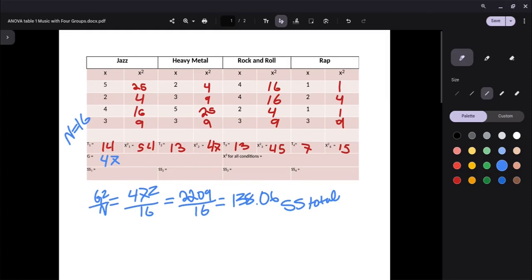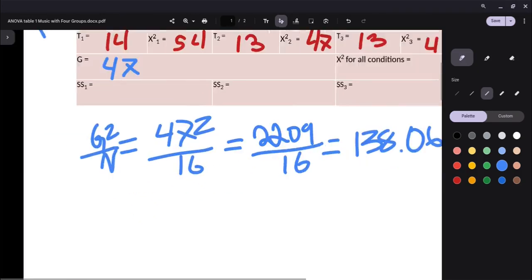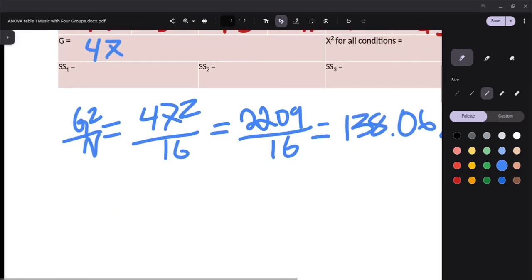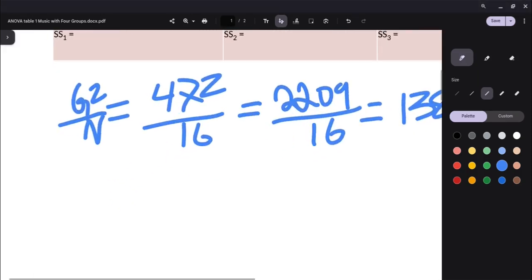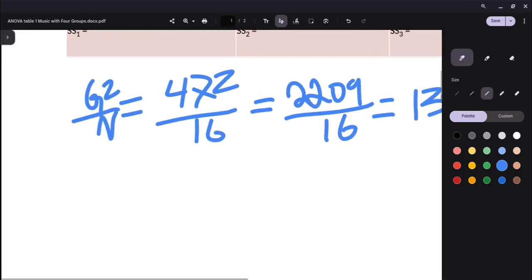Okay, so to find each of our SSs, we need to do our sum of x squared minus the total of the scores in the group squared over the number of scores in the group.